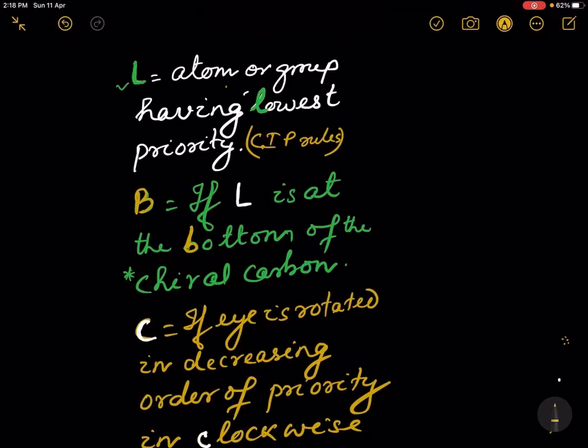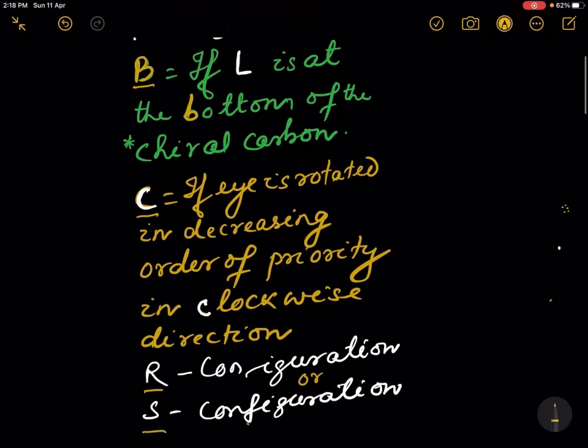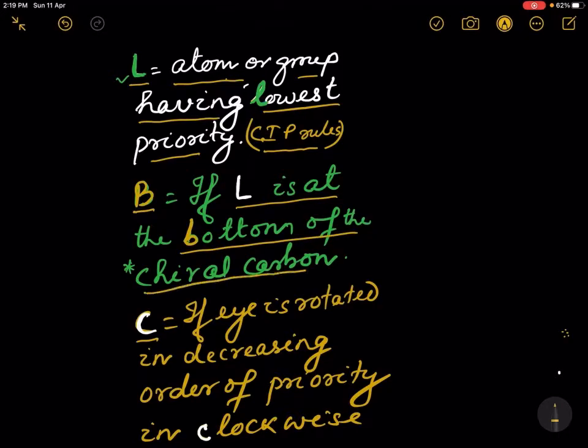In the trick, we will use some letters: L, B, C, R or S. What is L? L is the atomic group having lowest priority according to CIP rules or sequence rules. B means L is at the bottom of the chiral carbon.